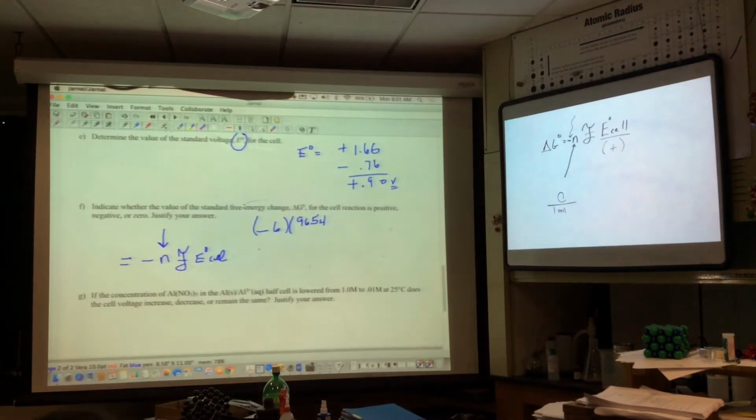Okay, so I got 96,500. And that is coulombs per what? Mole of electrons. It's an important conversion we're going to use. It converts my charge. Now, we're going to go to volts, and our volt was 0.90.